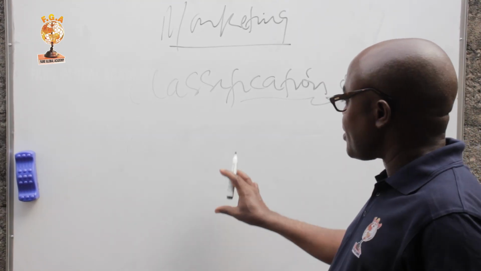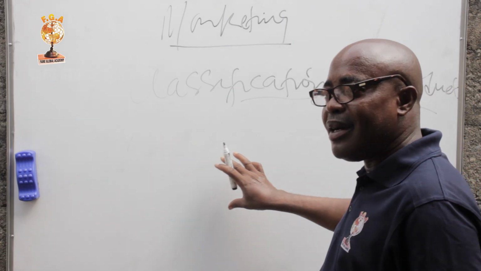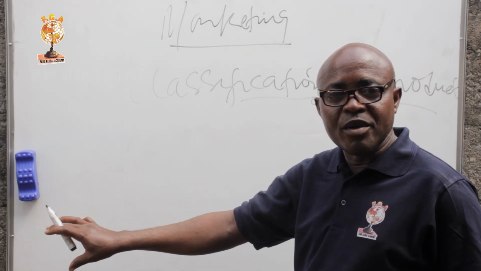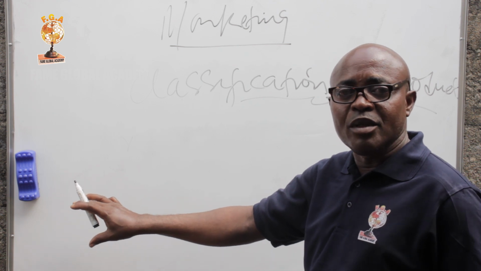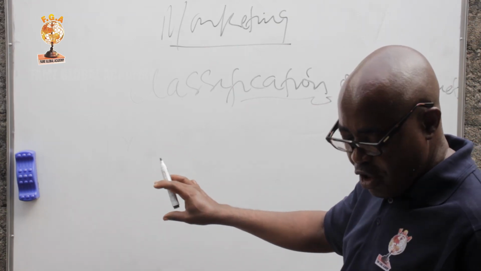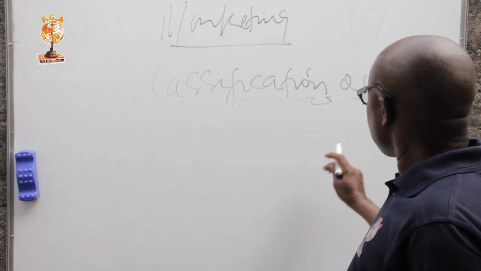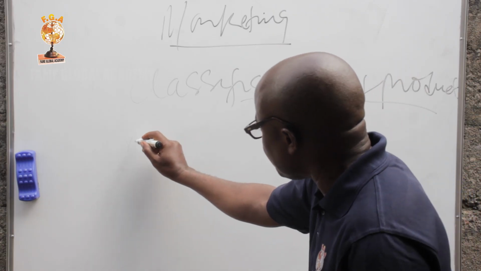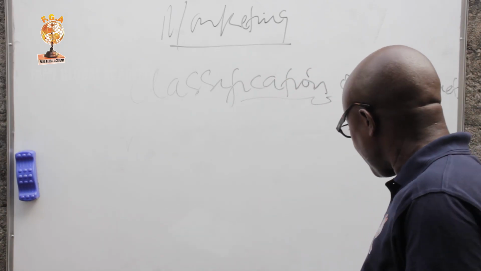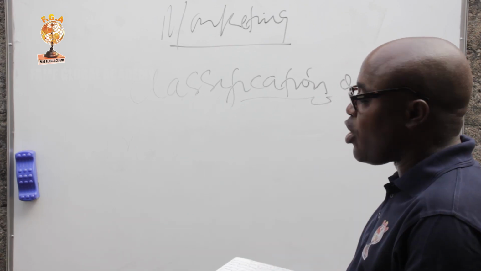Again, we said it must have an element of satisfying the needs of the people. So if your item doesn't have the element of satisfaction, there is no need of taking it to the market. Now, a product can become tangible, and oftentimes it can become intangible.